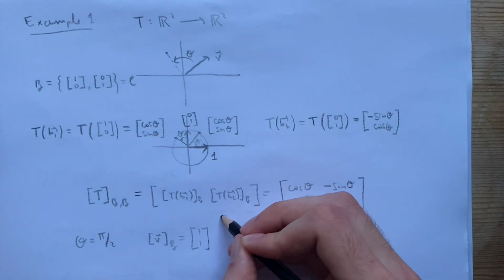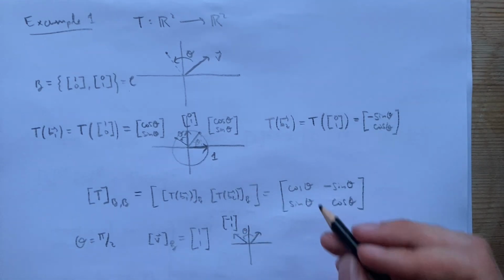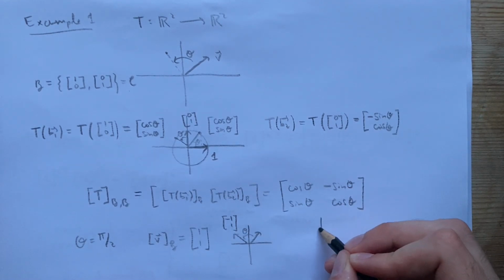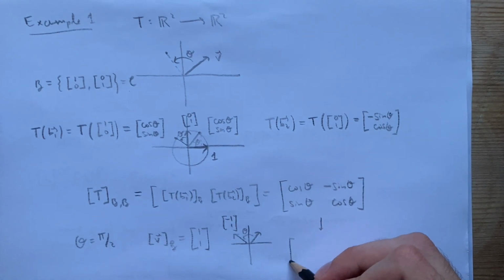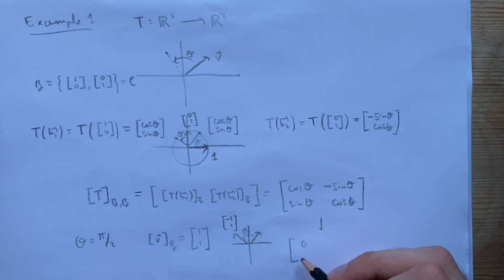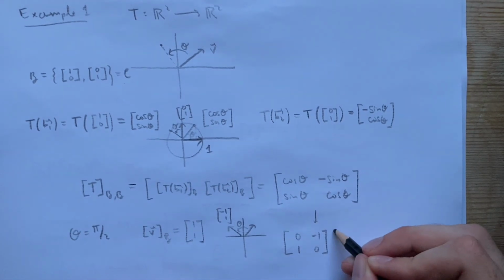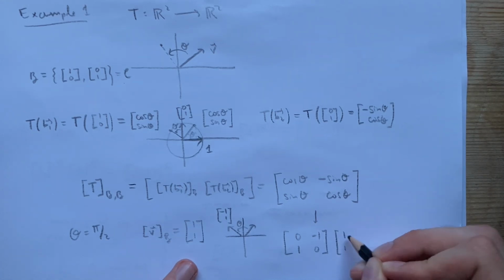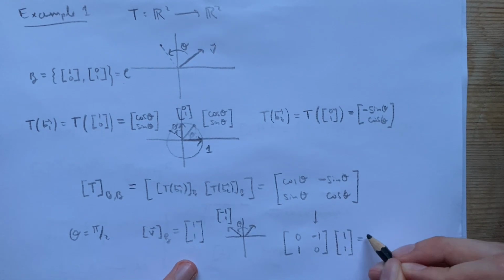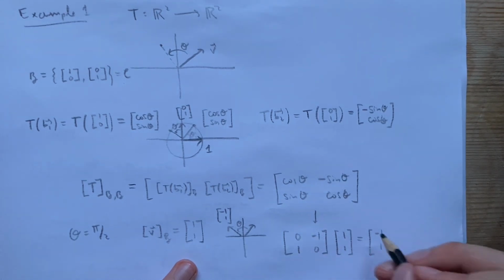What should we get? We should get the vector (minus 1, 1). In this case, the matrix of the linear transformation has cos theta, which is 0, then 1, minus 1, 0. And then when we multiply the vector (1, 1) by this matrix, we obtain indeed (minus 1, 1).